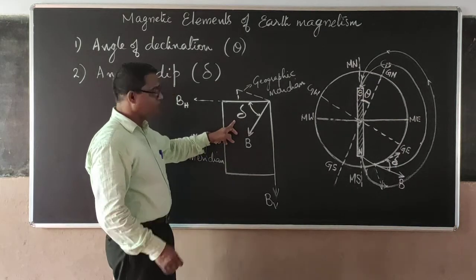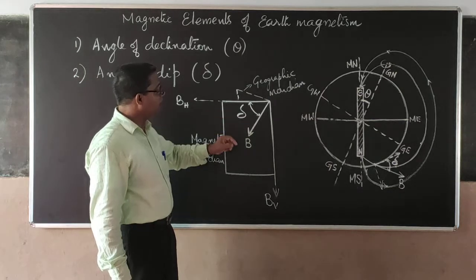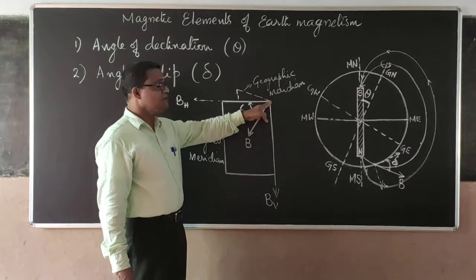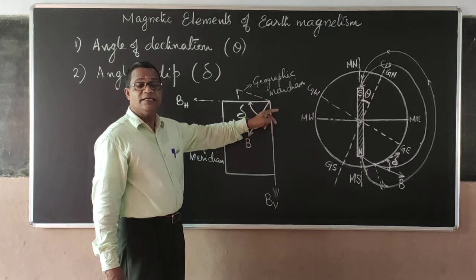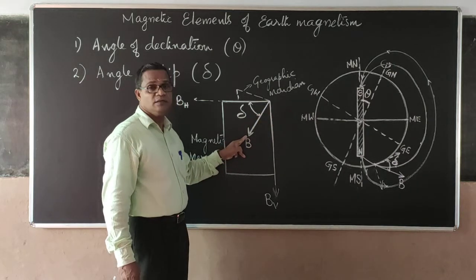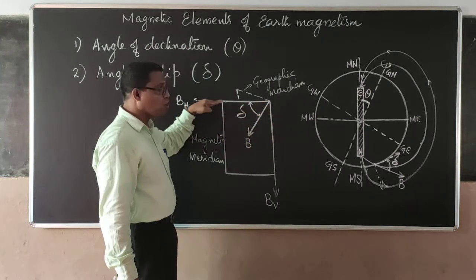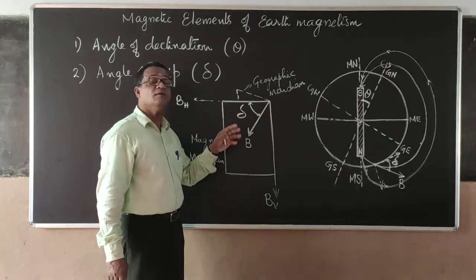So what is angle of dip? It is the angle made by the resultant intensity of Earth's magnetic field with the horizontal component at the place.